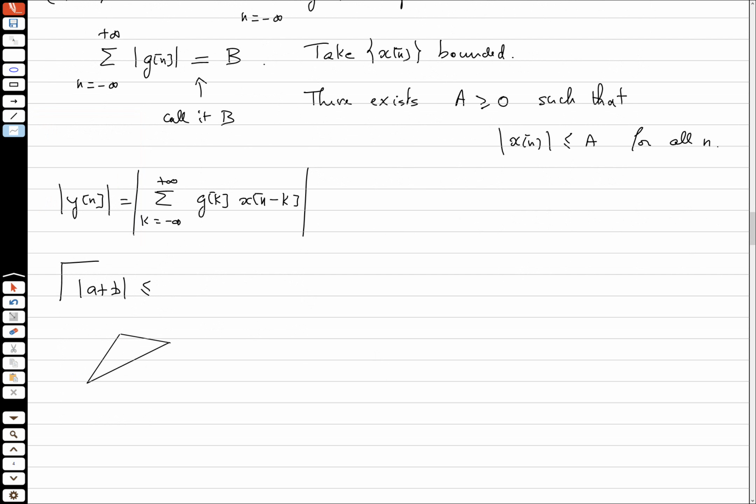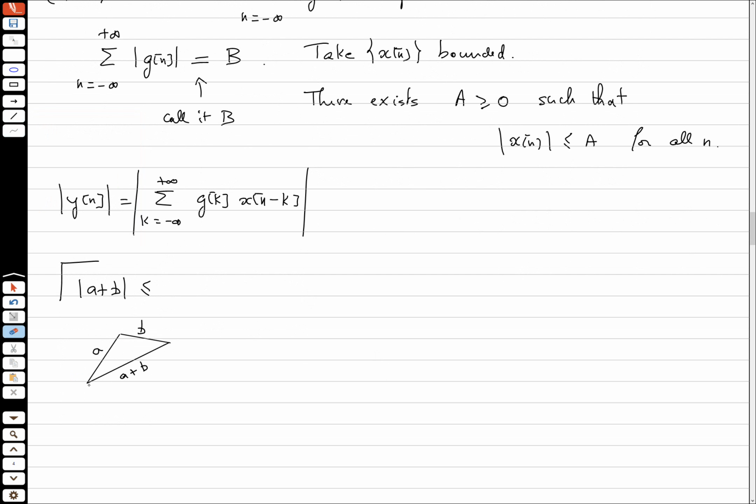So you remember vectors? So this is like a vector A, vector B, and this is vector A plus B, right? Now, you know complex numbers. They are like vectors. So the magnitude of A is the length of the vector. The magnitude of B is the length of the vector. A plus B gives you this vector.